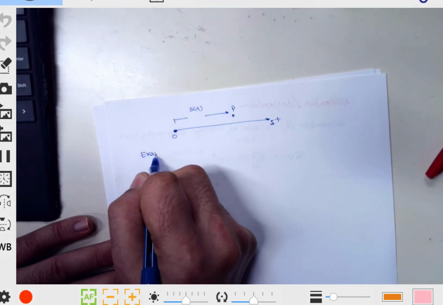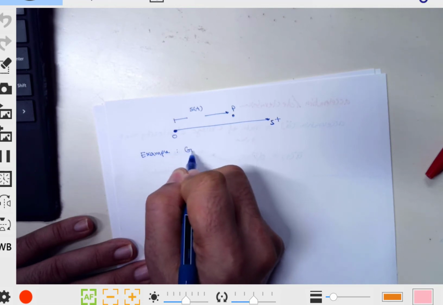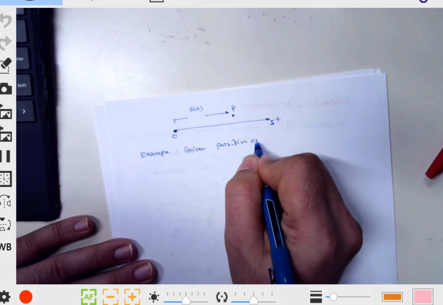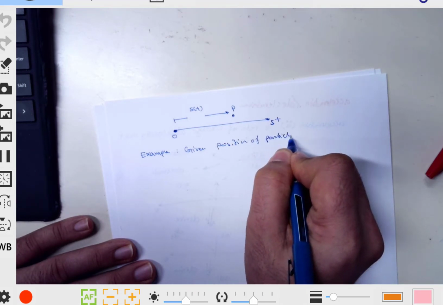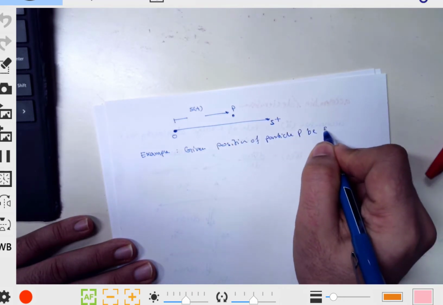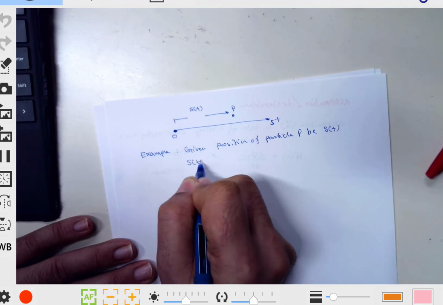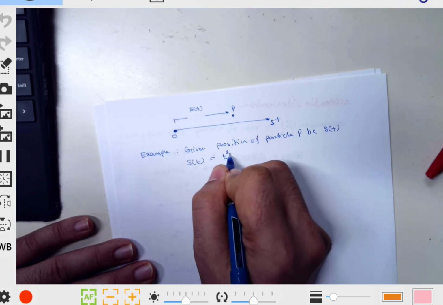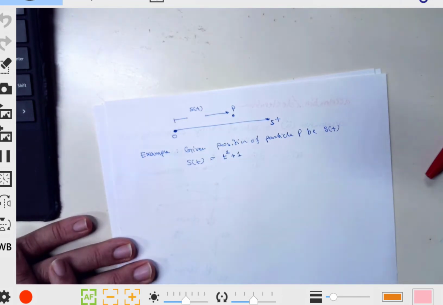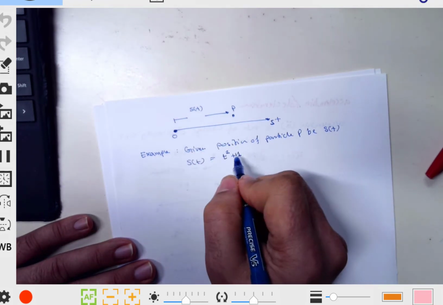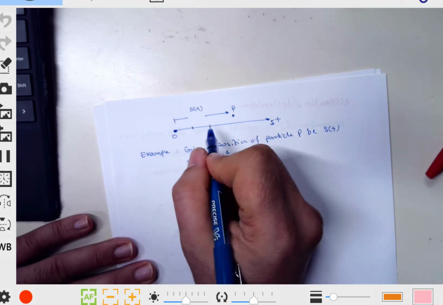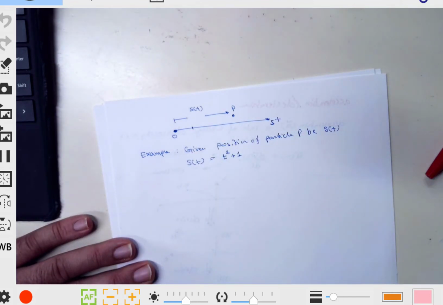Example: given the position of a particle P, S of t, where S of t, I'm just going to give you as a function of time, t squared plus 1, meaning that we started somewhere here, and it's parabolic, the way it's changing with time.